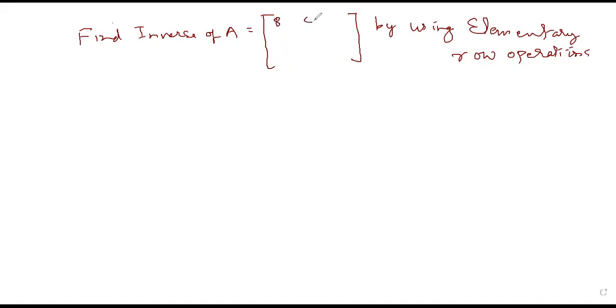The matrix is 8, 4, 3, 2, 1, 1 and 1, 2, 2. Find the inverse by using elementary row operation.